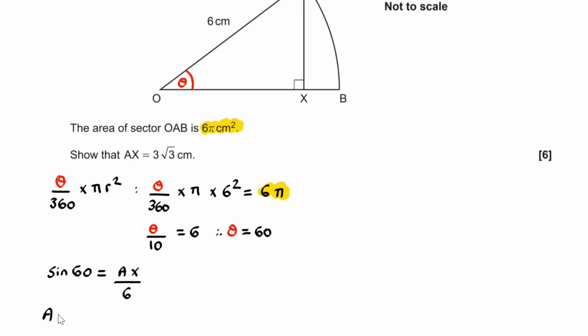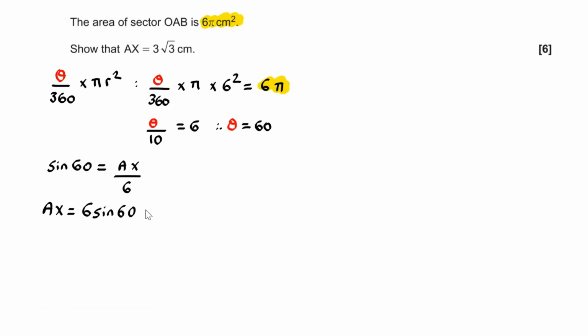So we've got AX equals 6 times by sine 60. Now sine 60, that's equal to root 3 over 2. So we've got 6 lots of root 3 over 2, which is 3 root 3. And that's exactly what we wanted to show.